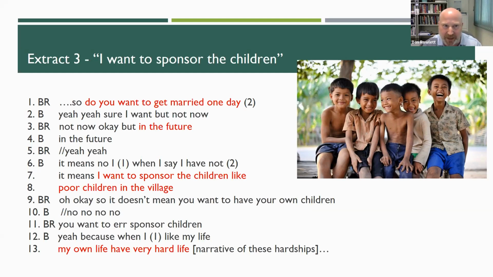So after a brief negotiation of meaning in lines 4 to 5, Boré emphatically rejects my assumption in line 6 and explains, rather more queerly, that he wants to sponsor the children, like the poor children in the village, in lines 7 to 8.